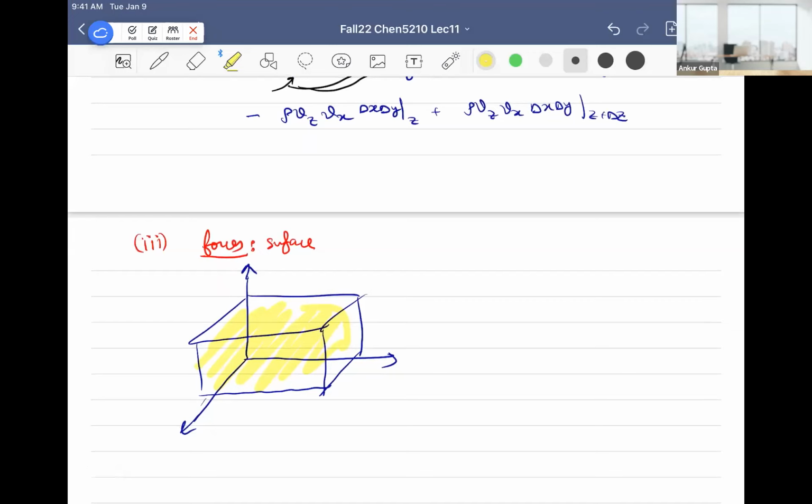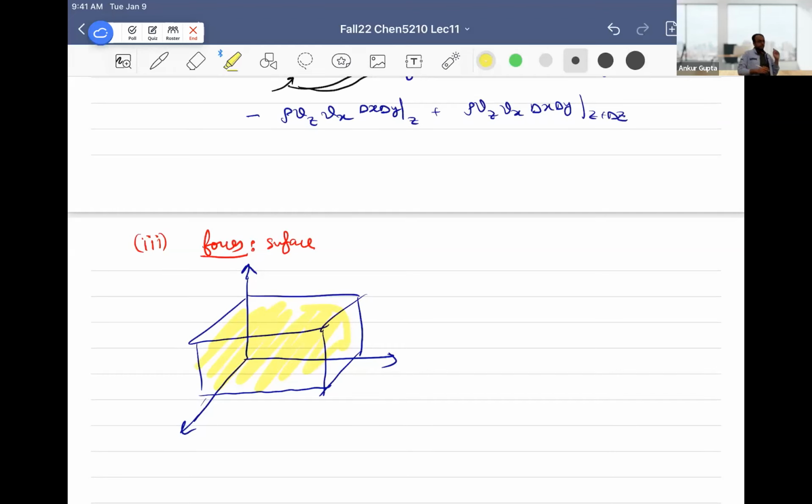It's important, because now we are thinking of forces. Is the force being applied to or applied by the body? It is forces on the body. So we're thinking of forces on this control volume.